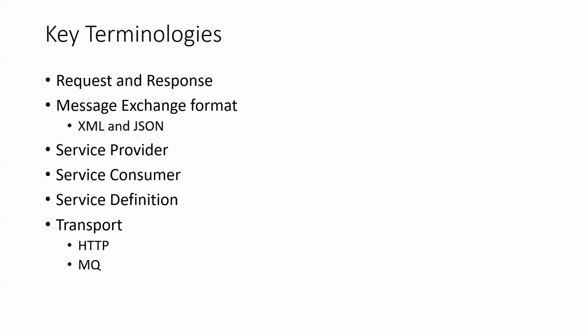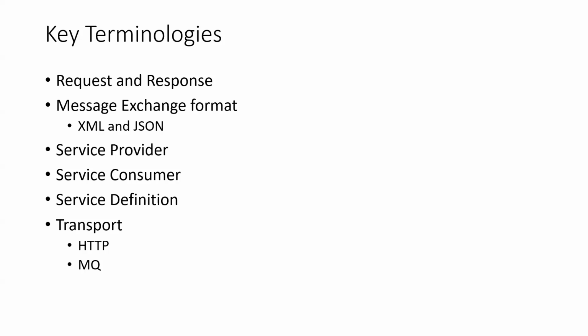In the use case I told you, the weather forecaster is the guy who is providing the weather information to me. For me, he is a service provider. I am a service consumer because I'm consuming the data from him. So service provider is providing the data. Service consumer is consuming the particular data.